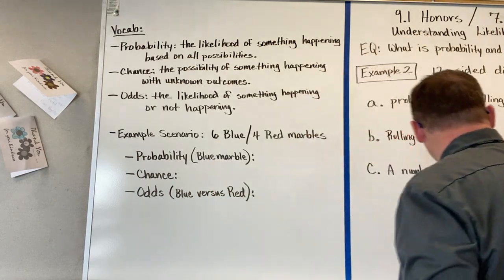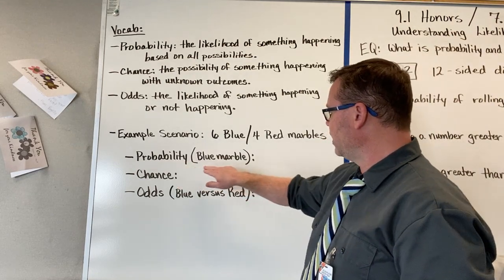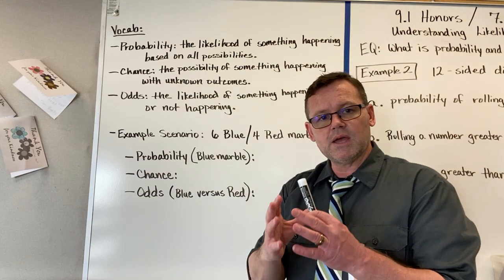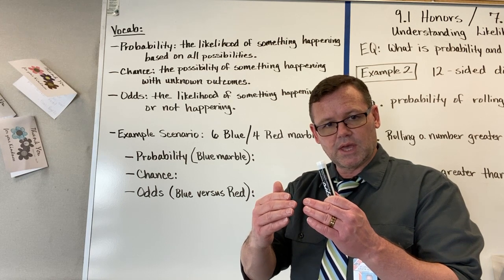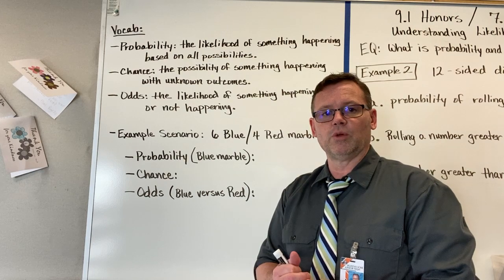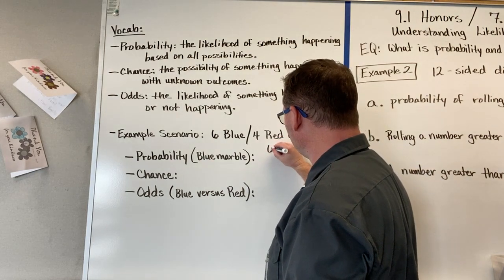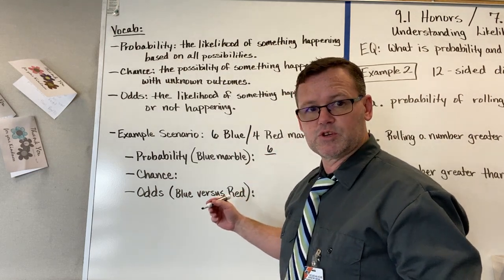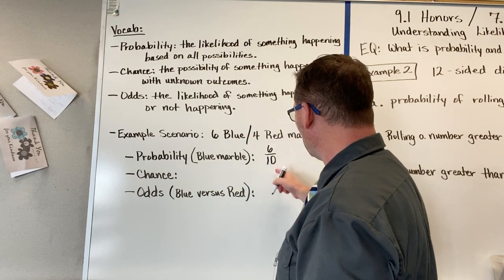Now, if we say, what's the probability of choosing a blue marble? This is what I mean by the possible outcome, right? The outcome that we want being over the total amount. In other words, we would have 6 blue marbles, and that's because there are 6 of them, over 10, the whole amount.